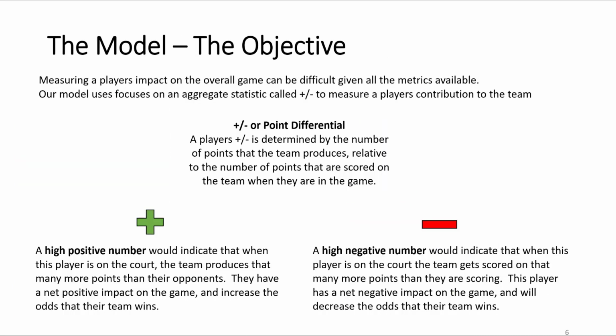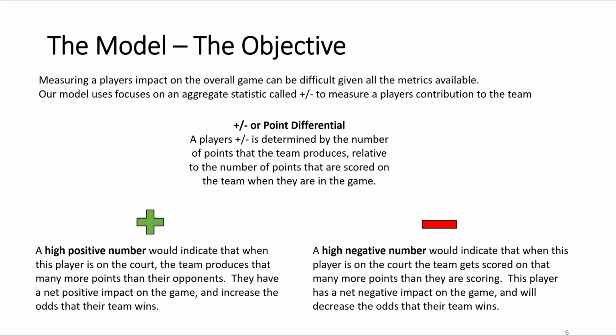When all is said and done, each player's individual performance will result in a net statistic called plus minus. Plus minus is the point differential for the team when a player is on the court. A very high positive number would indicate that when a player is on the court, in aggregate, the team scores more than it gets scored on.